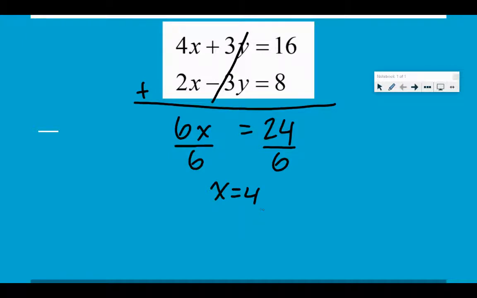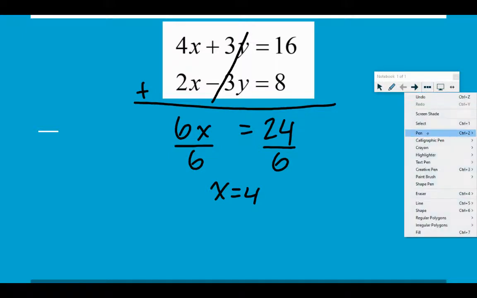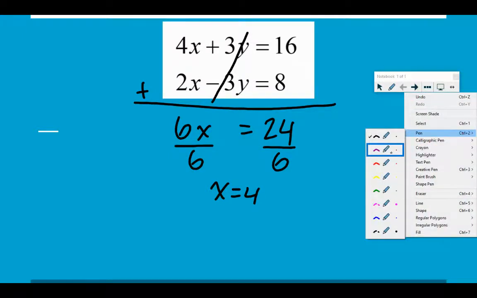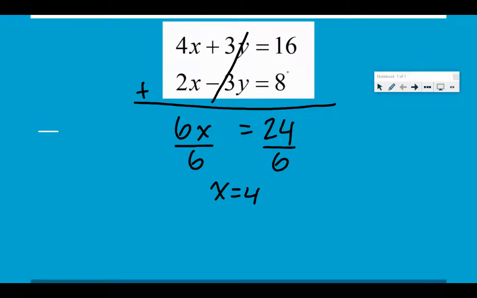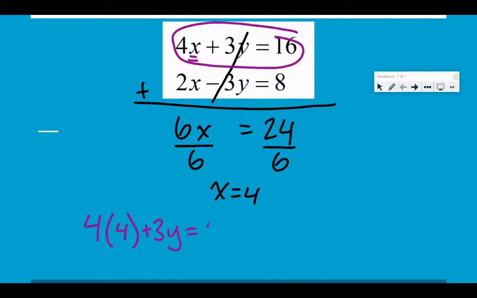Now that we know what x is, we can take either equation and plug x back in. So let's just choose this one. So 4 times, and instead of x is 4, plus 3y equals 16. 4 times 4 is 16.